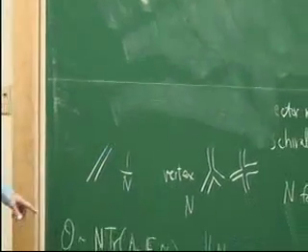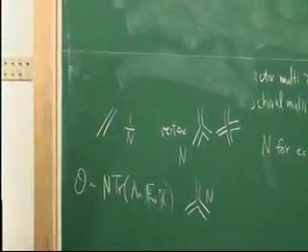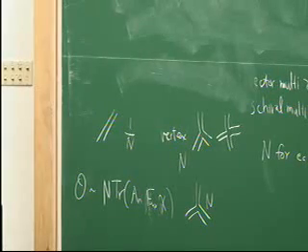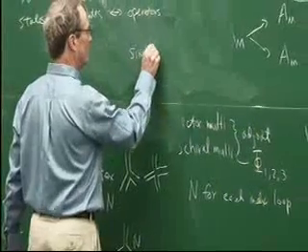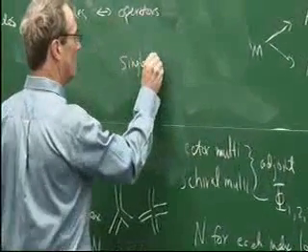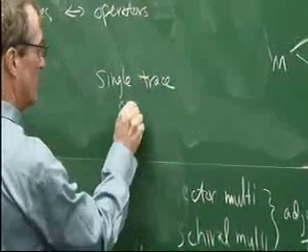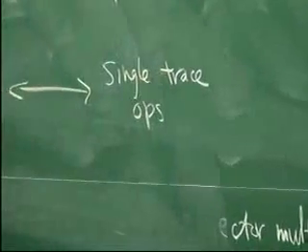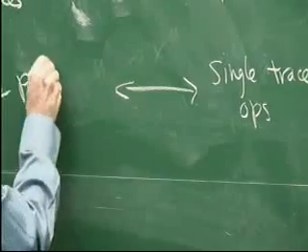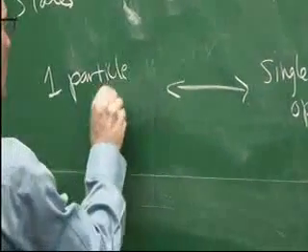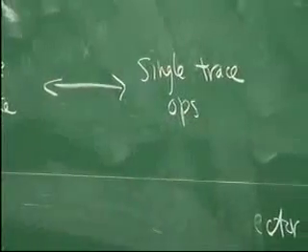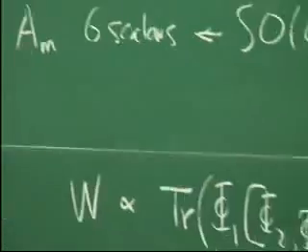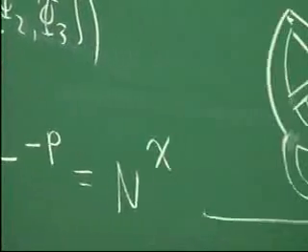So I could have also written something that had a product of two traces, but I didn't. So the single trace operators map to the one particle states. And that is kind of obvious from the point of view of this statement about how connected amplitudes are smaller, namely in the large N limit.